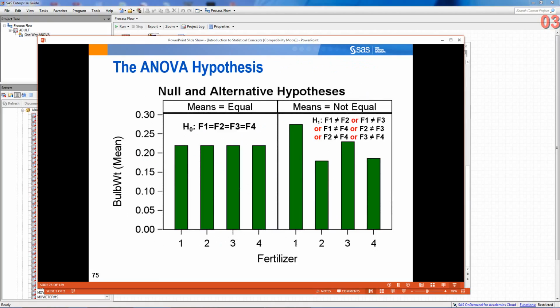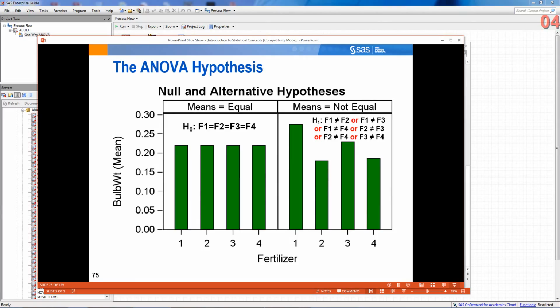Now the null hypothesis in the ANOVA analysis is that there is no difference between the means of all the groups. Suppose there are 4 different fertilizers we want to test, and the null hypothesis is that F1 equals F2 equals F3 equals F4.